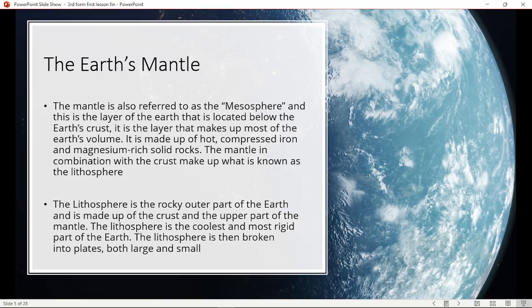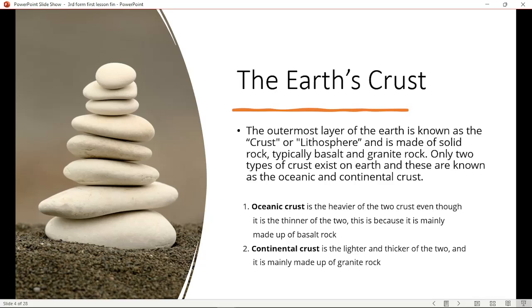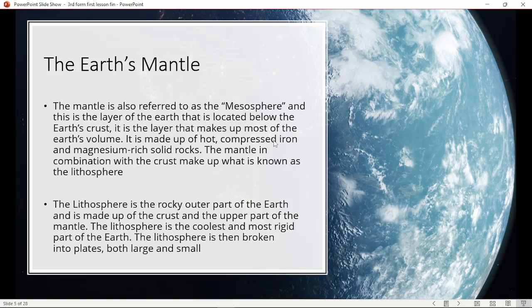It is made of hot and compressed iron and magnesium-rich solid rocks. And the mantle in combination with the crust makes up what is known as the lithosphere, as I mentioned in the name of the crust before. So the lithosphere will be all of the Earth's crust and part of the Earth's mantle.